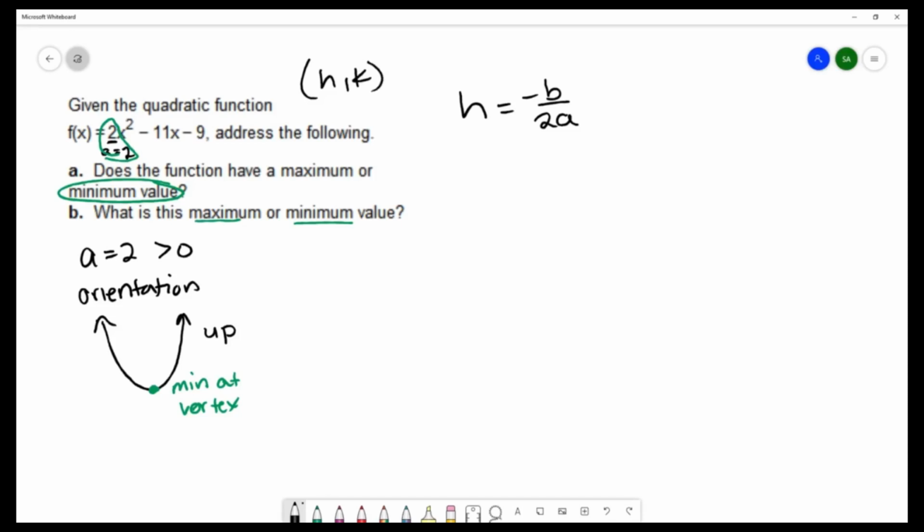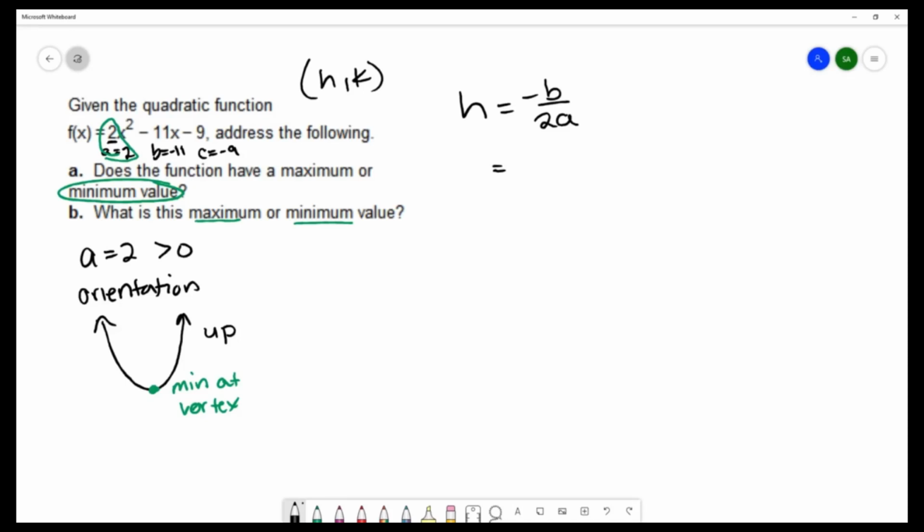So our formula for the vertex is negative b over 2a. The value of b is negative 11, and the value of c is negative 9. So when we're finding this vertex, we're going to substitute into the formula.